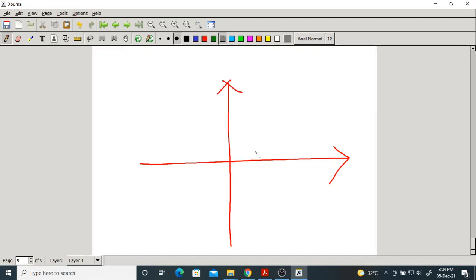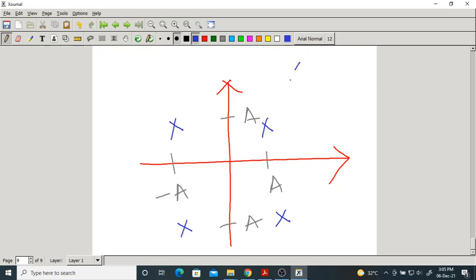So this is a, this is minus a, this is a, this is minus a. Okay. So what are the combinations? a, minus a, minus a, minus a.